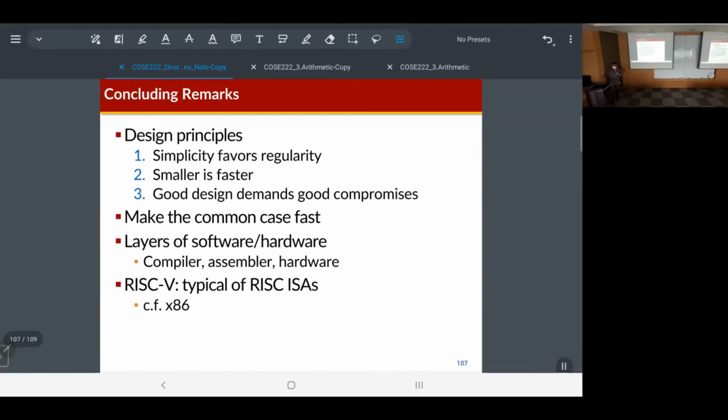We also learned about some encoding types or encoding rules of RISC-V, and various classes of RISC-V instructions, like arithmetic, data transfers, control instructions, and so on.